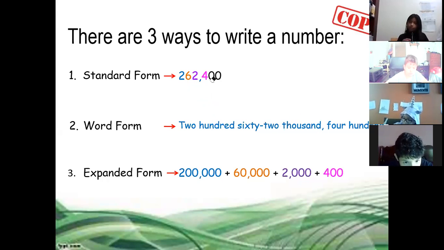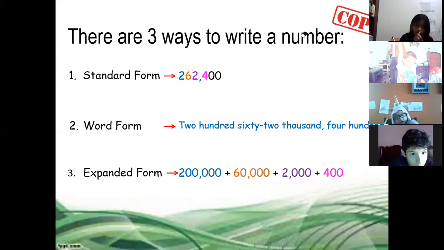I don't add plus 0 plus 0. It is not necessary because those zeros are not going to change the answer. In the tens position we have 0, in the ones position we have 0. It's not going to change.